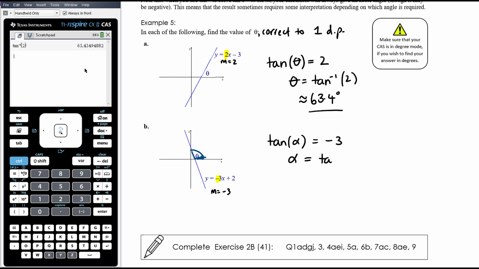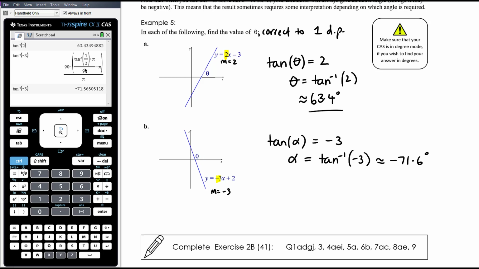Alpha, therefore, is inverse tan of -3. And if you do inverse tan of -3, control enter, you get -71.6 degrees.